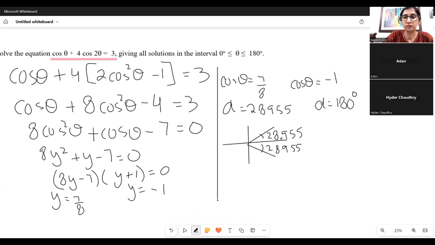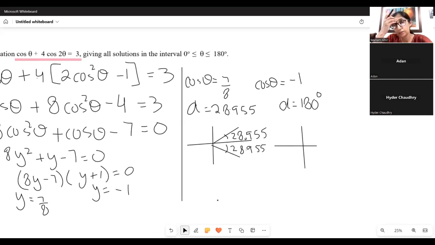Okay. And cos is negative in the second quadrant and the third quadrant. So 180 degrees would just be drawn here. This is 180 degrees. So yes, I believe that's the only answer in the domain 0 to 180.